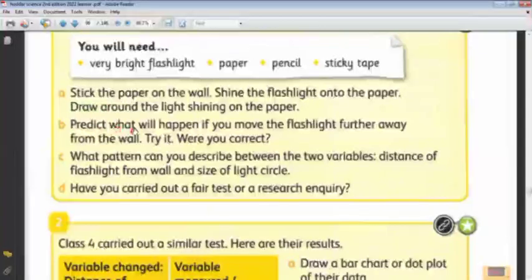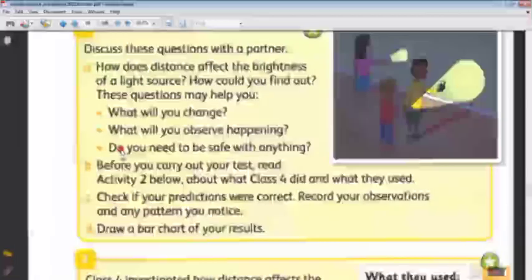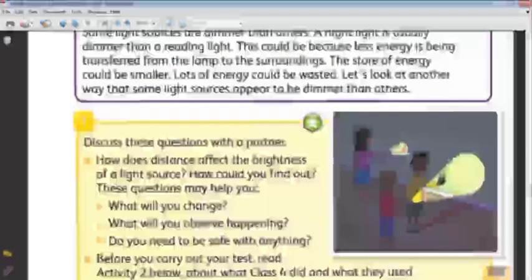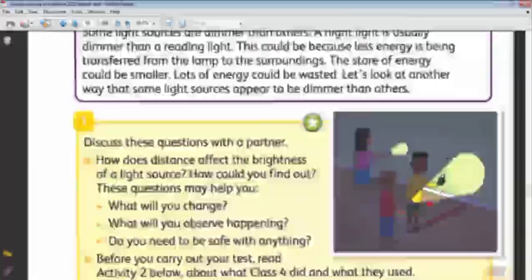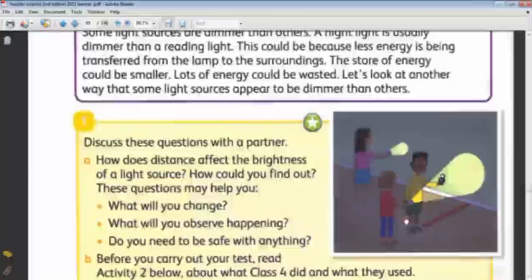B, predict what will happen if you move the flashlight further away from the wall. What will happen if we move the flashlight further away, if we increase the distance? What will happen to this circle? If we start here and we draw a circle, then we move, the light becomes dimmer.